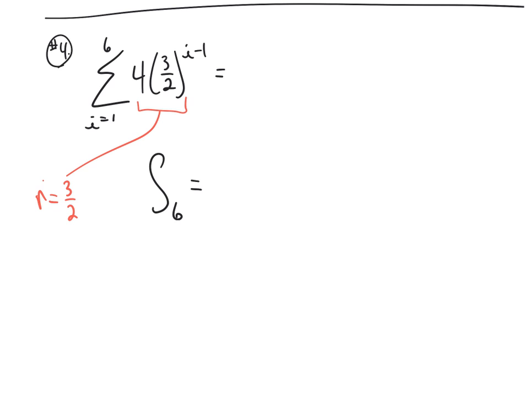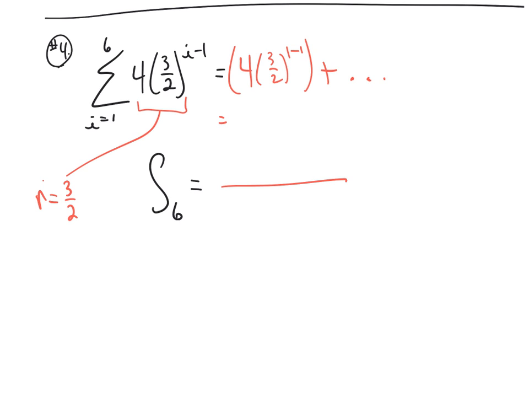In this case, that's the 3 halves. To find the sum of the first 6 terms, we need the first term. To find the first term, we replace i with 1. So that's going to be 4 times 3 halves raised to the 1 minus 1 power. Again, we don't care about the second, third, fourth, fifth, or sixth term. We only need the first term.